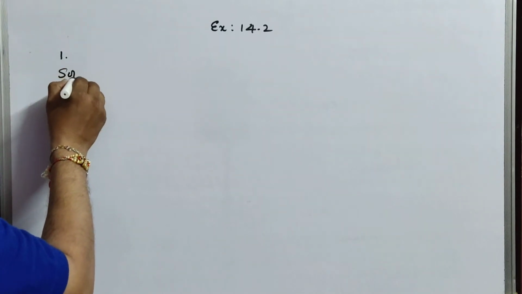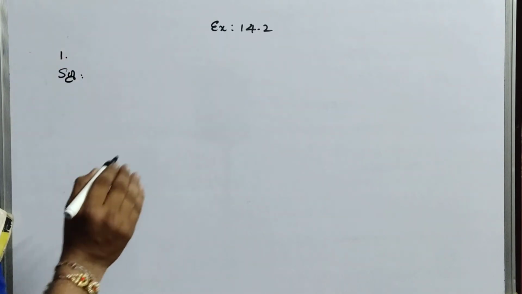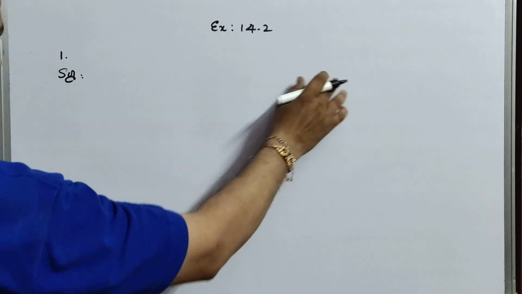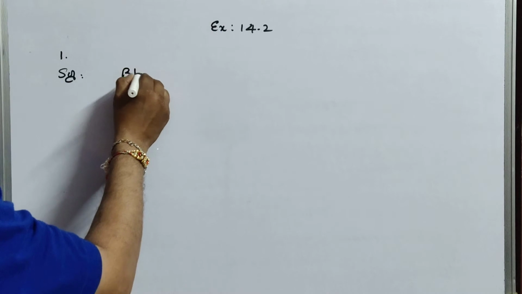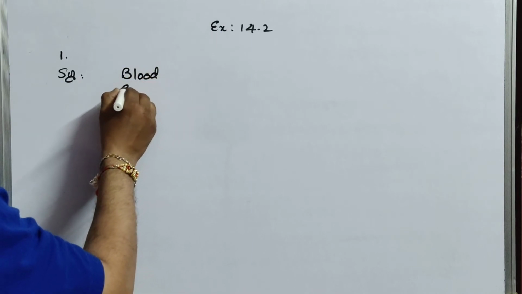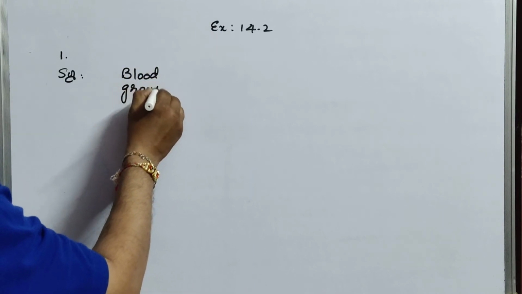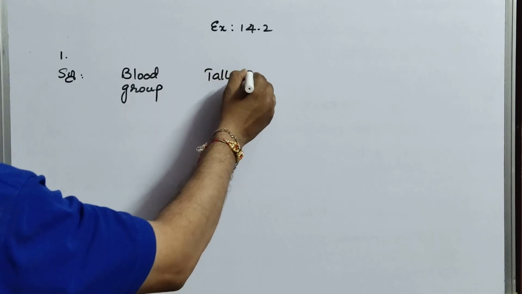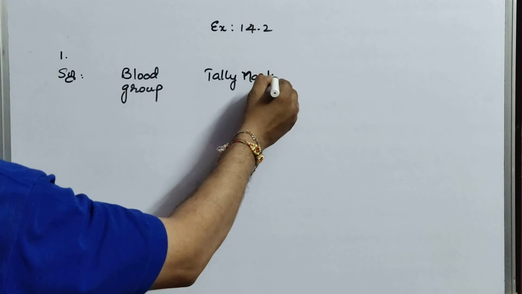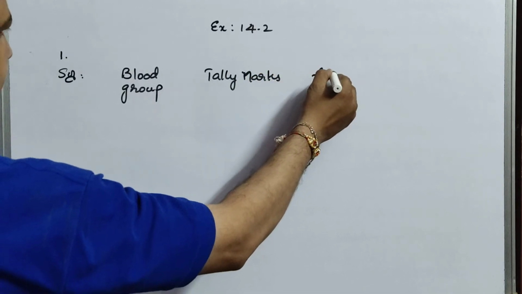So, solution, how will you write? Take a scale, always use a ruler when you are drawing the lines, and prepare a table like this. First, blood group. Next, tally marks. You know how to write tally marks. Then here, frequency.